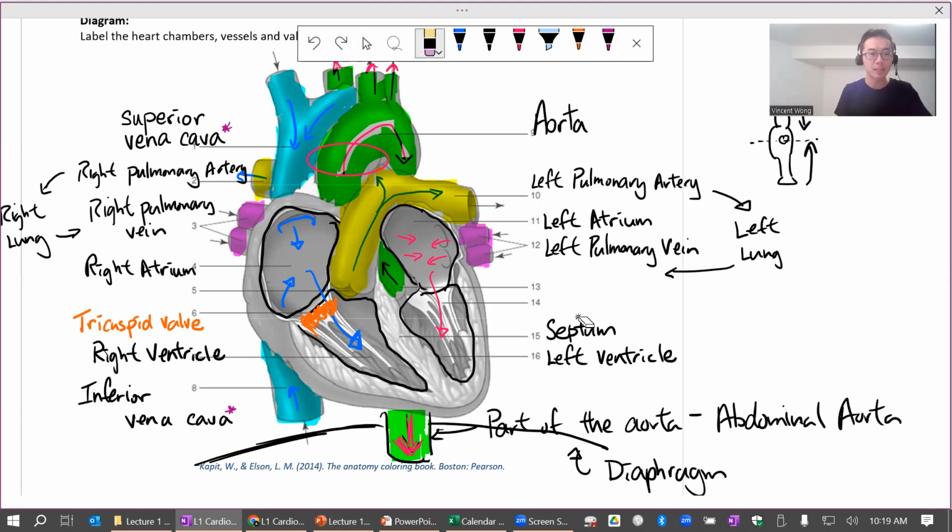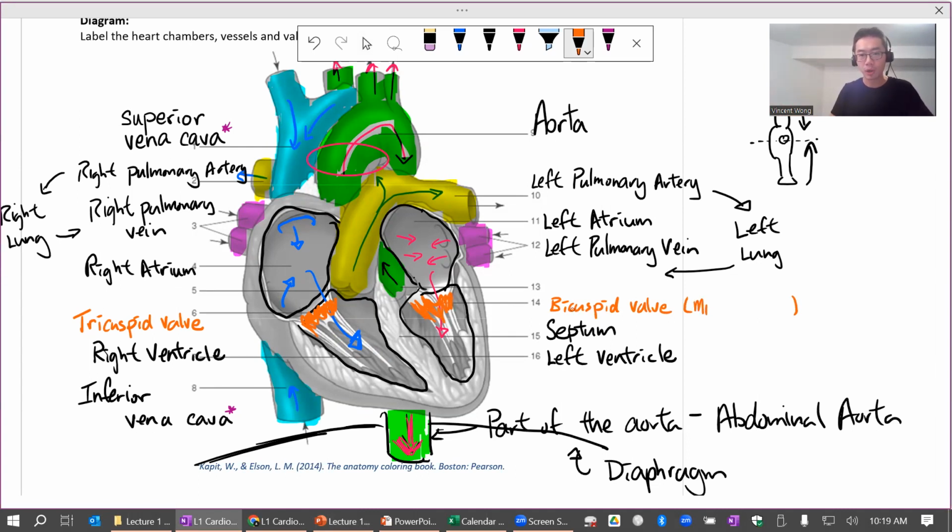So you have the tricuspid valve on the right side, and over here on the left side, this one only has 2 cusps, so we call it the bicuspid valve. I'm really sorry, but sometimes they have multiple names for the same thing.